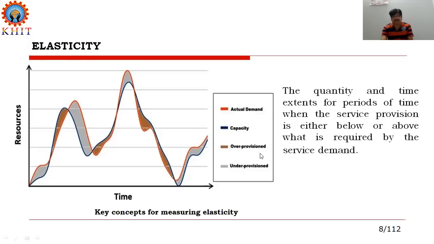Over provision is when the actual demand is very low compared to the capacity. When the capacity is more than the actual demand, that is considered under provision.